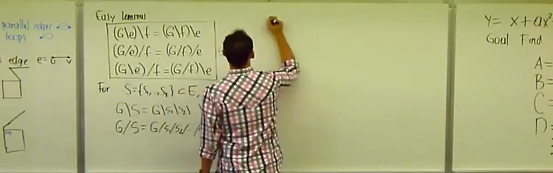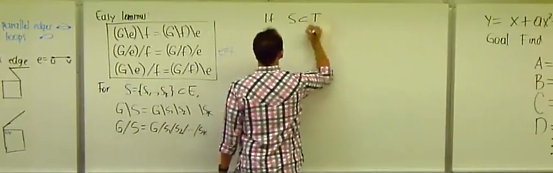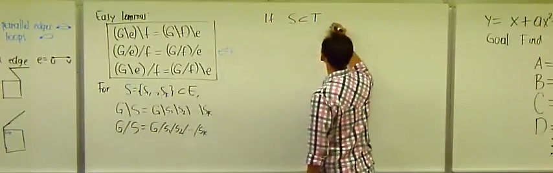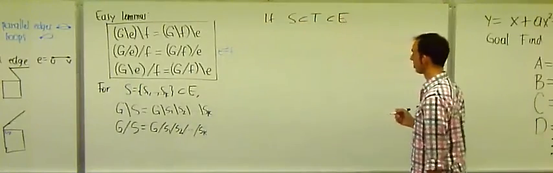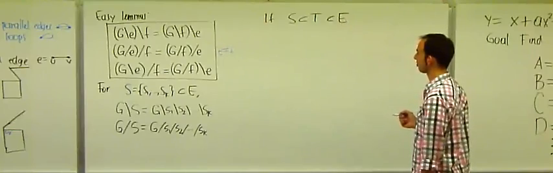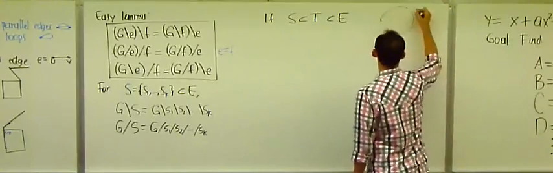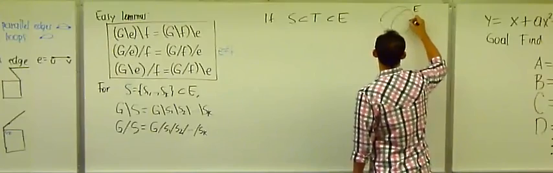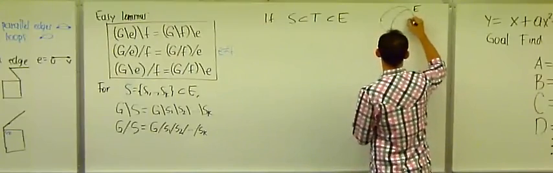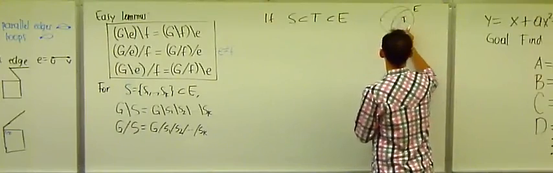So if you have two sets of edges, I mean, think of it as, here's a whole set of all the edges, and then here's T, and then here's S. Okay.